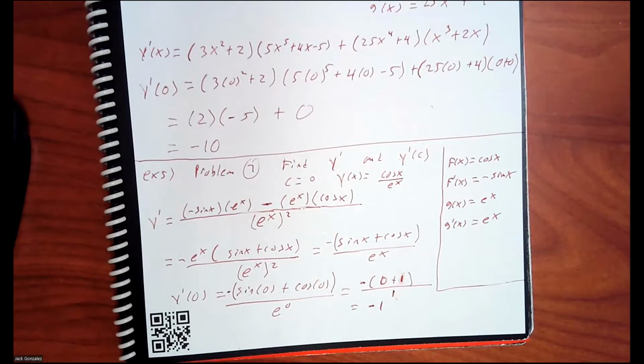If you ask for a slope, you find the derivative using whatever method is appropriate. Then you plug in the number. Is that clear?